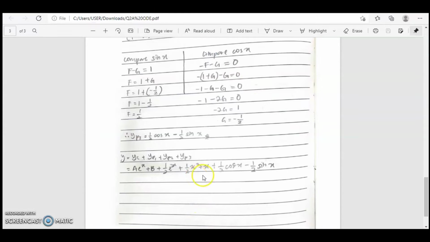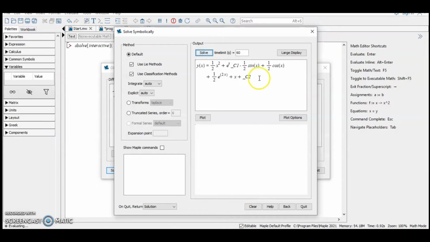Then we get 1 over 2 cos x and minus 1 over 2 sin x.